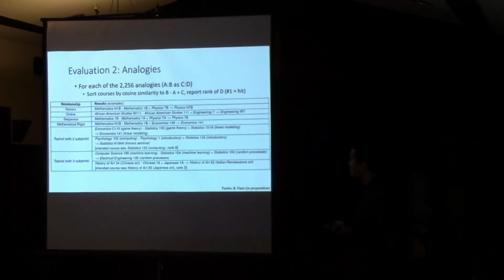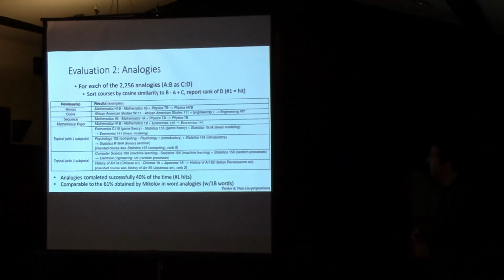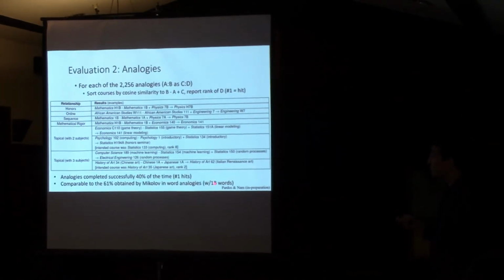So how well does this do? Out of the 2,200 analogies, when does it get it right? 40% of the time, which is comparable to the 61% that Mikolov gets with their 1 billion words. We have 3.6 million enrollments. The better statistic is not how many total samples you have, but how many samples per vocabulary item you have.